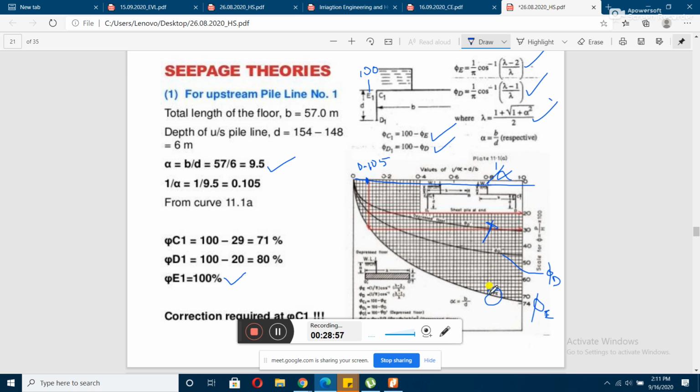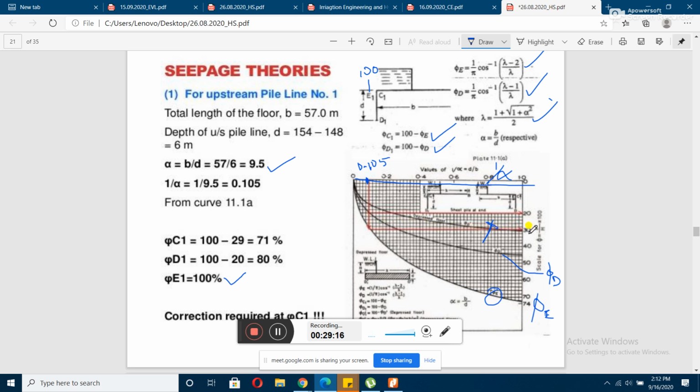For this particular graph, this curve denotes the phi e value. Look, this is the vertical we have constructed or extrapolated. Then look at this red line, we have just drawn the parallel line to the x axis.